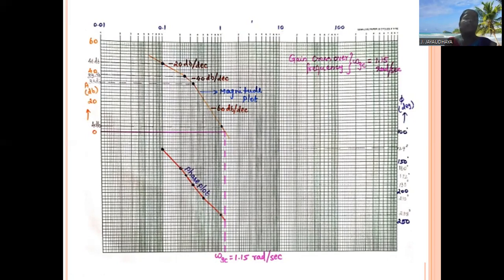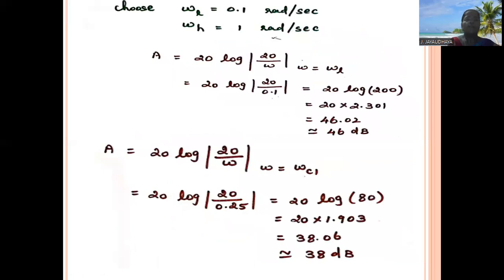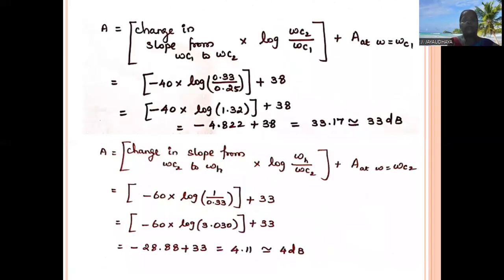Okay. Then next, I'm going to mark my amplitude values. What are the amplitude values we are getting? For omega 0.1, the value is 46 dB; for 0.25, 38 dB; then the next one, 0.33. For 0.33 we are getting the value of 33 dB.